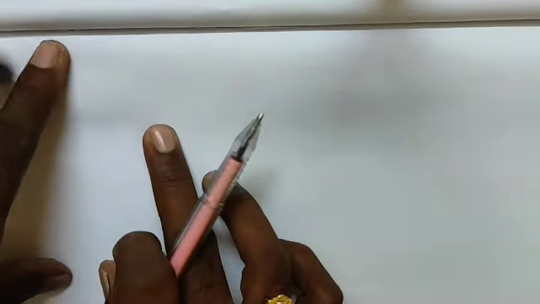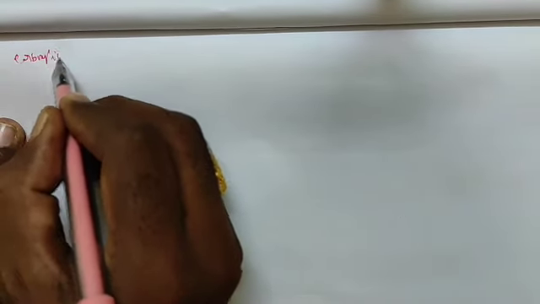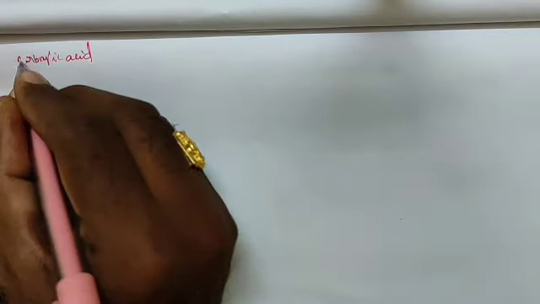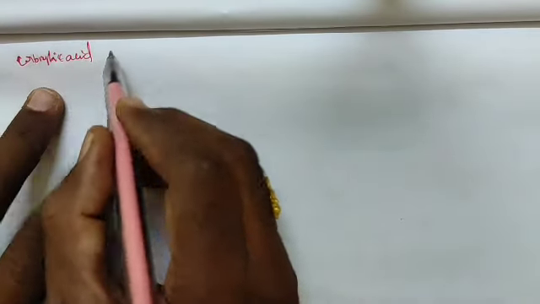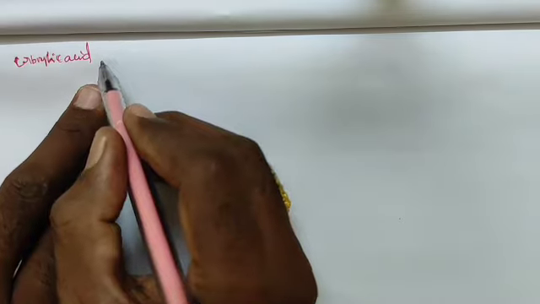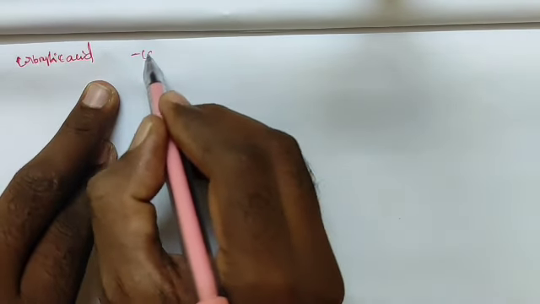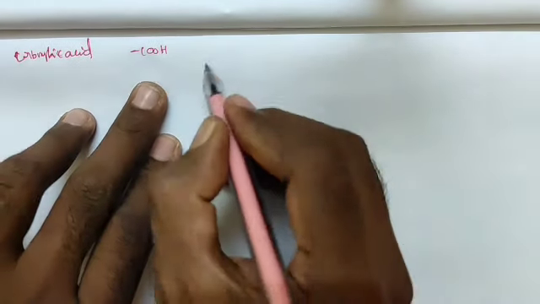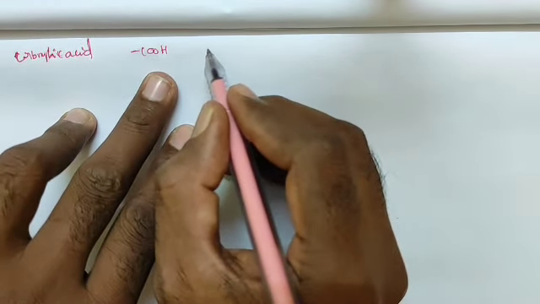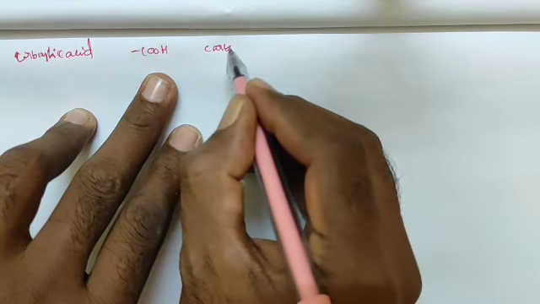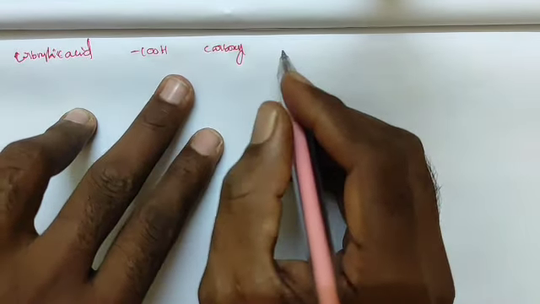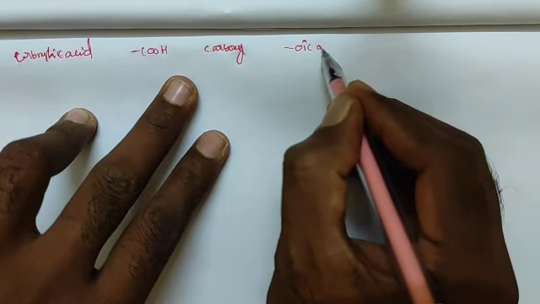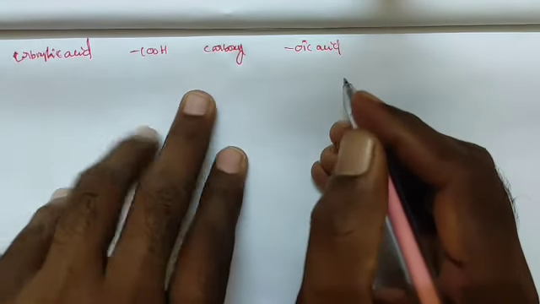After ethers, we will take carboxylic acid. The carboxylic acid structure is COOH. For that, the prefix is carboxy and the suffix is oic acid.